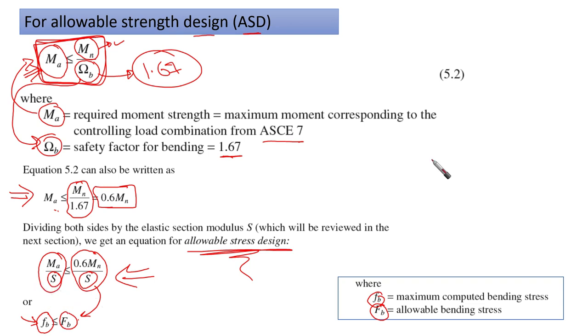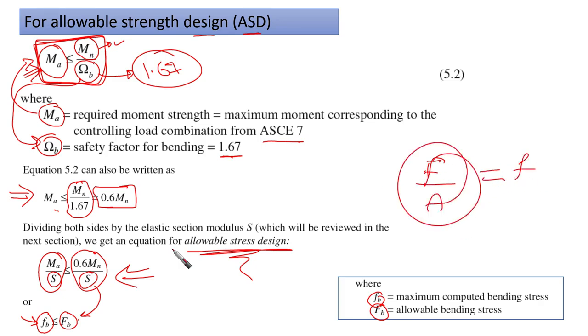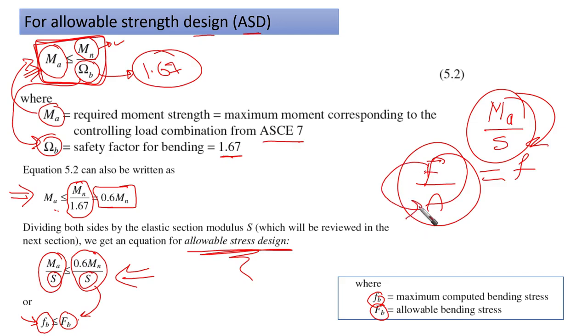It is very similar to using F over A, where we said this is the stress. Here, instead of F, it is going to be M, M over the section modulus. So moment is related to the section modulus, whereas force, in the case of columns, for example, was related to the area.